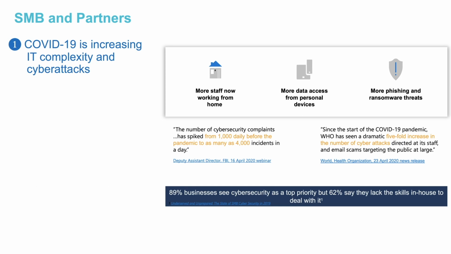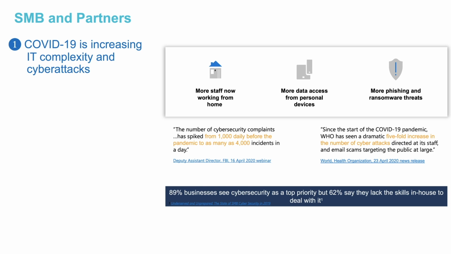Most businesses need IT help to ensure that they stay productive, connected, and safe from cybersecurity threats and data loss. And this is doubly true of small and medium businesses who often rely on a service provider to manage and secure their environment.